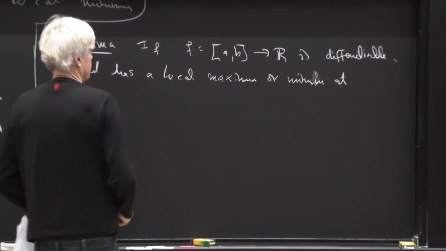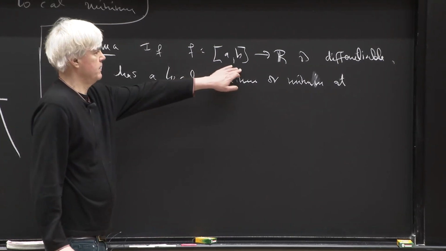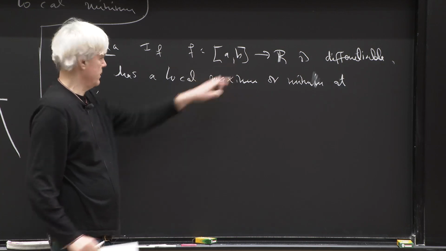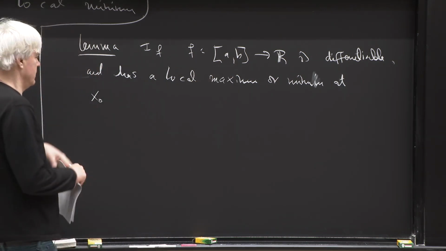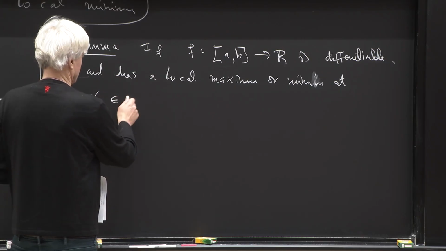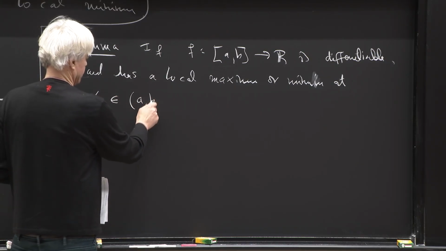And now here, if I'm thinking about a function defined on a closed interval like this, it's important that the local max or min is at an interior point. It's not allowed to be one of the boundary points.